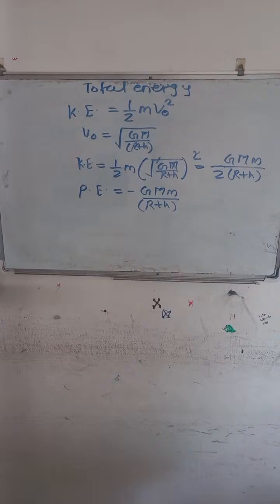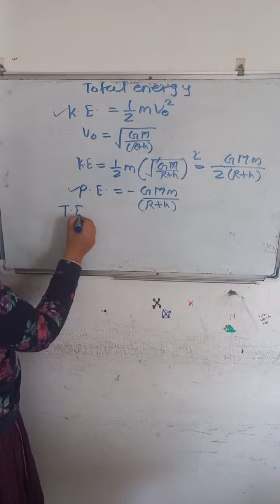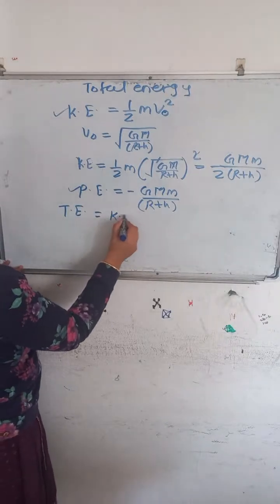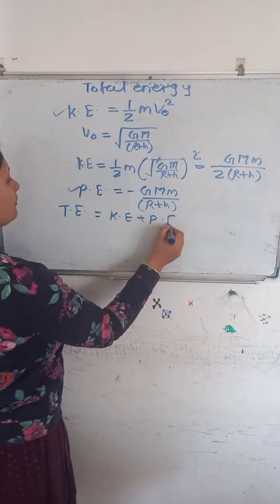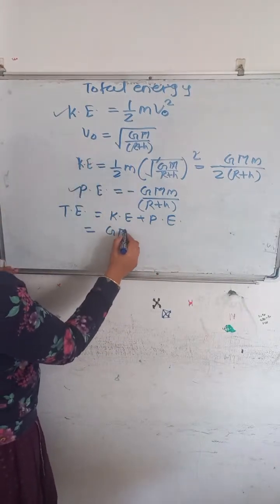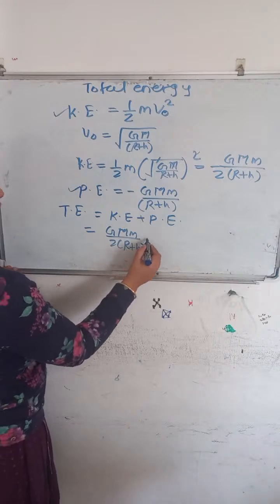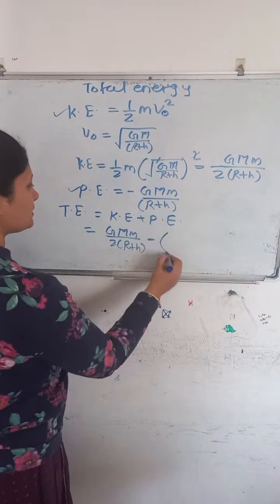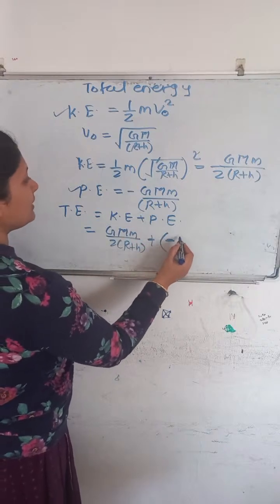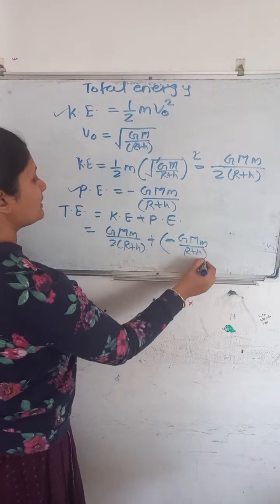So now we can write the total energy, which is kinetic energy plus potential energy. Kinetic energy is GMm upon 2 times r plus h, and potential energy here is minus GMm upon r plus h.